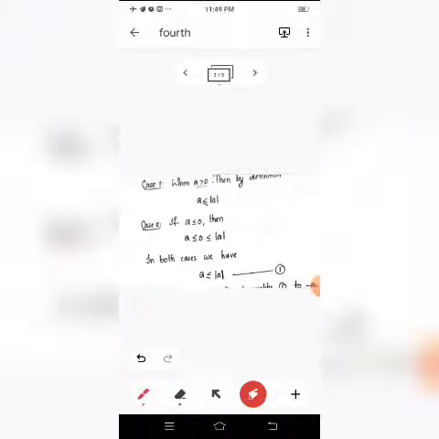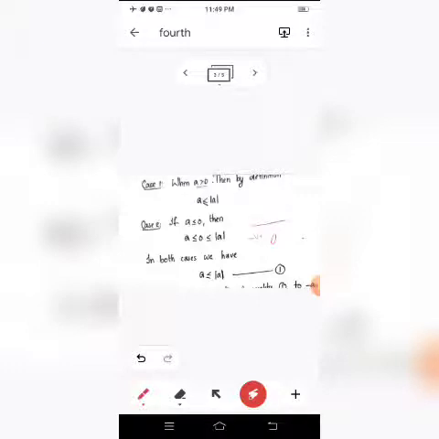Every negative number is less than or equal to 0. Here is 0, here are negative numbers. Then for a less than or equal to 0, we can write a less than or equal to 0, and that will always be less than or equal to mod a.